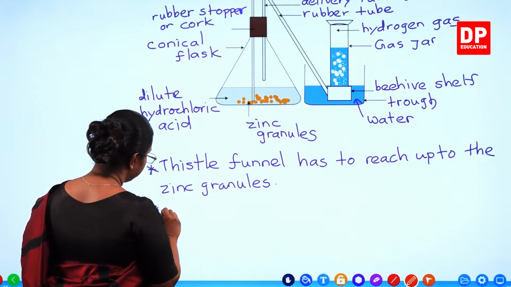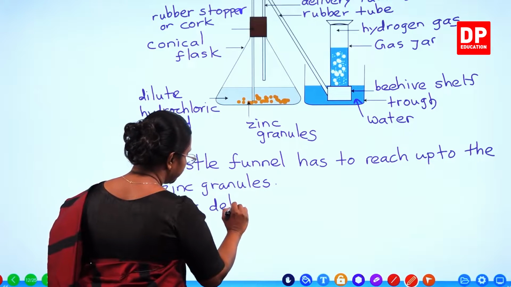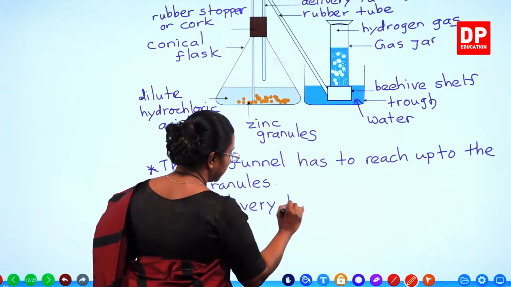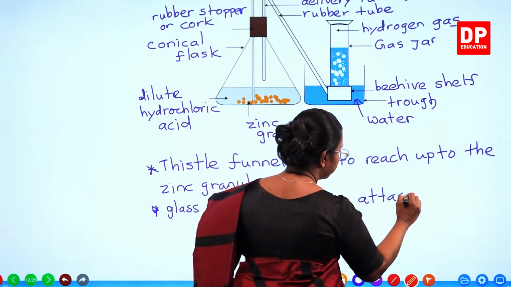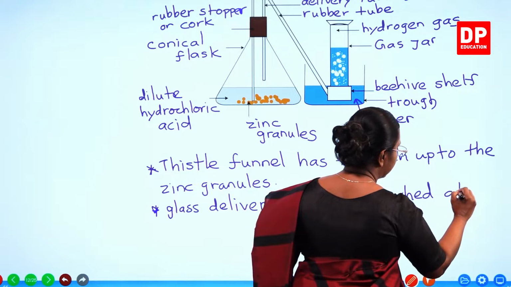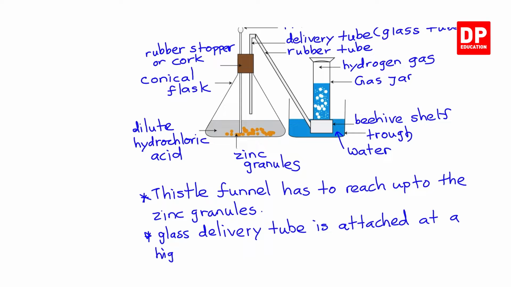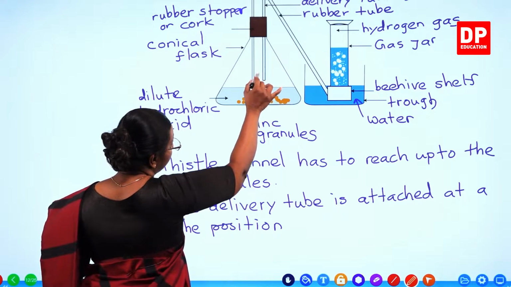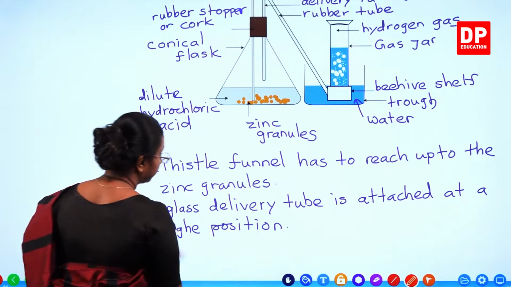At the same time, the glass delivery tube is attached at a higher position or level. So, this is what I said. Thistle funnel has to come down, the delivery tube has to be up. You all have to remember that.